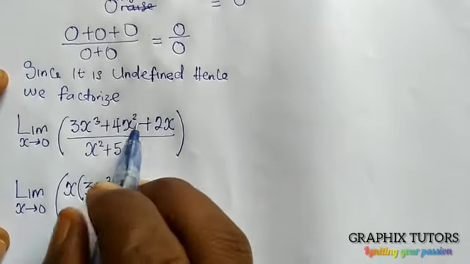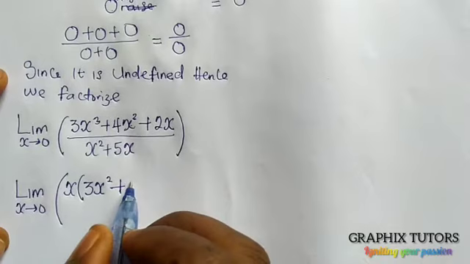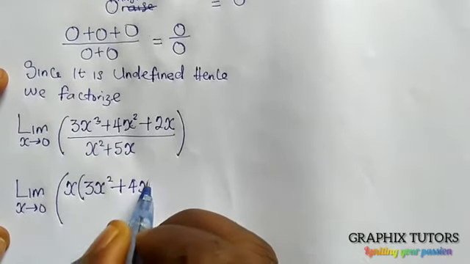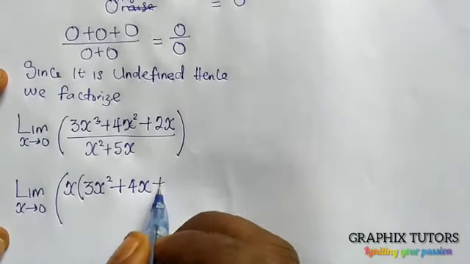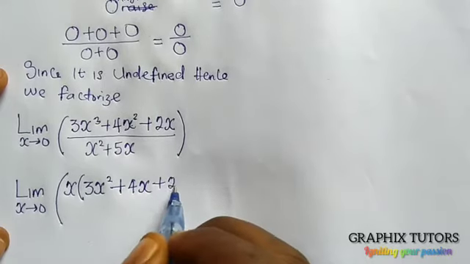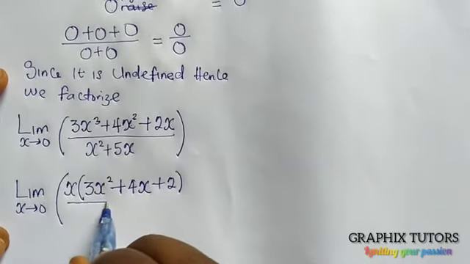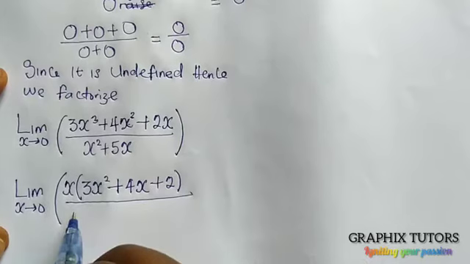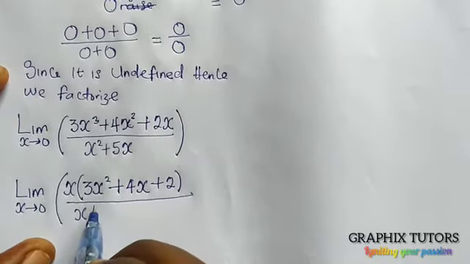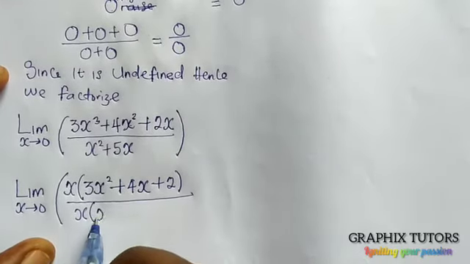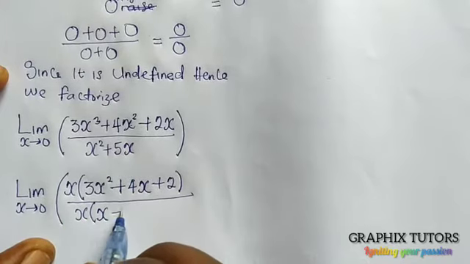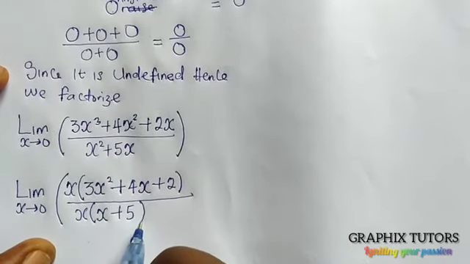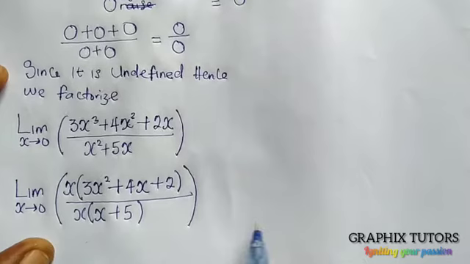Plus, if I remove one x from x squared, I'll have just one x, so 4x remains. Plus, if I remove this x here, 2 remains. So everything divided by, if I remove one x here also, x remains, and 5 remains. Now this is what I'm actually having.